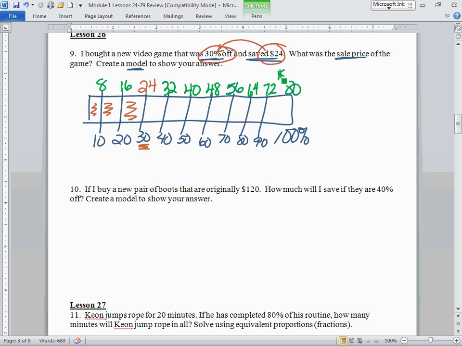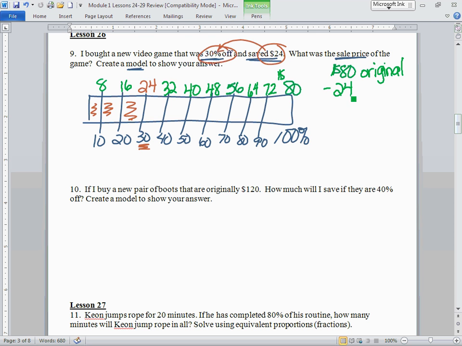Somebody did that 6th period too. Exact same thing. So don't be embarrassed by that because you're not the first person today to do that. So $80 was the original. But they are asking for the sale price.